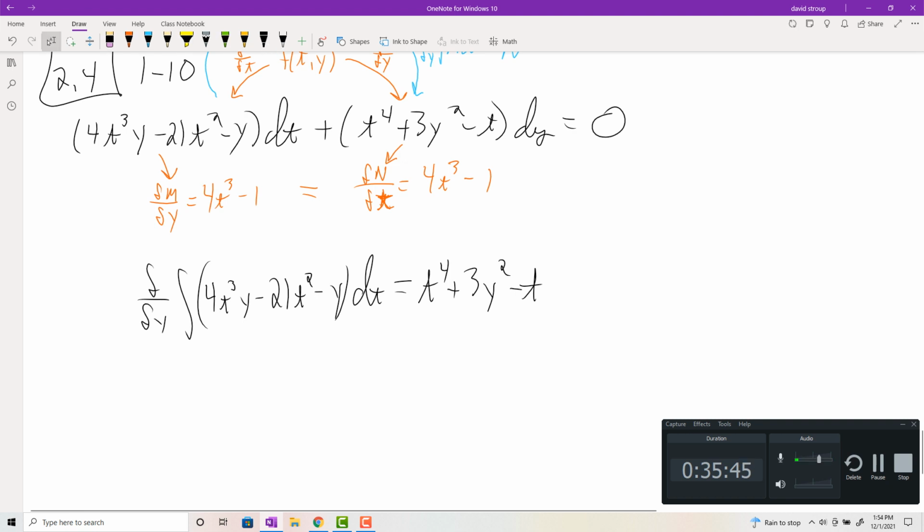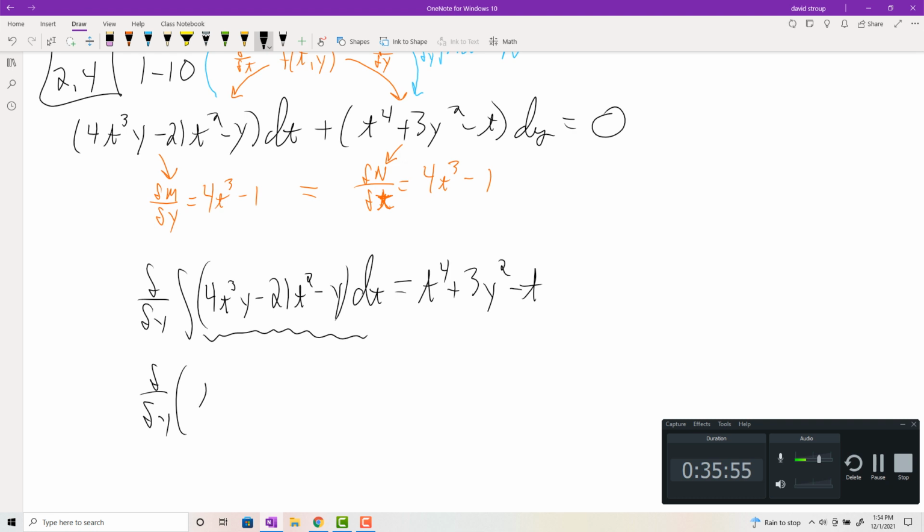All right, so if you integrate this, you get basically your solution. It's just not all there. So if I integrate that with respect to t, I'm going to get 4t to the fourth over 4, which is t to the fourth, times y, minus 21t cubed over 3, so 7t cubed, and then minus yt. And don't forget, you have to add in the stuff that may have been annihilated by taking the derivative with respect to t.